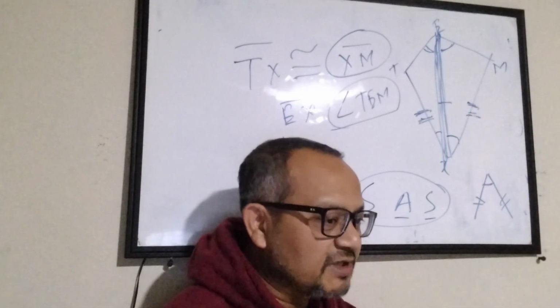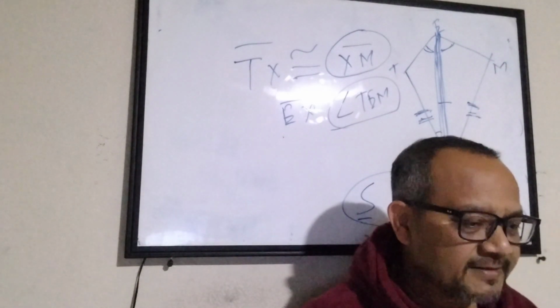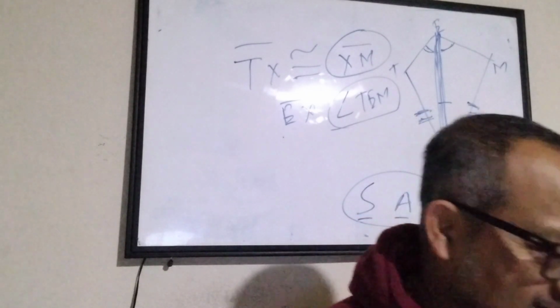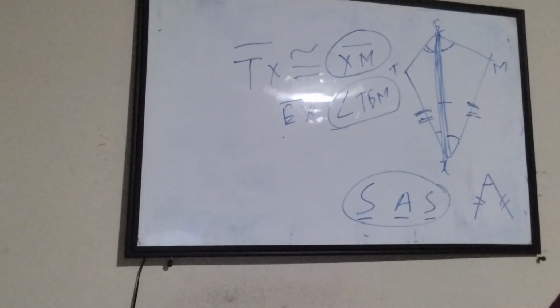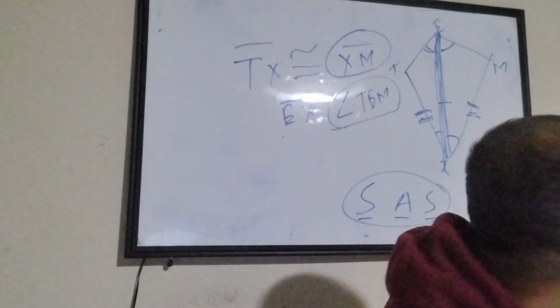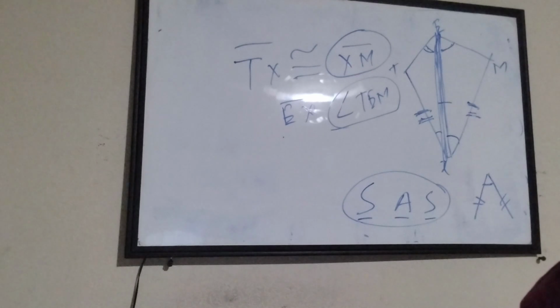So if you now go back to number 7, show it on the screen again. EX bisects TEM.